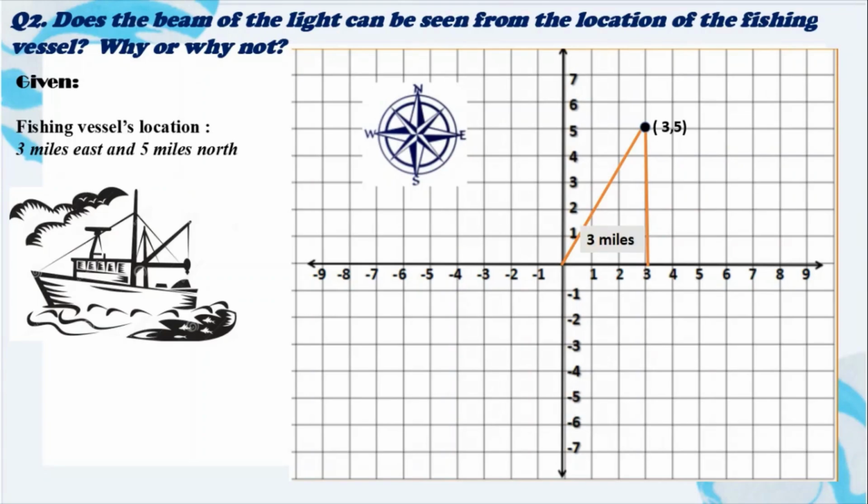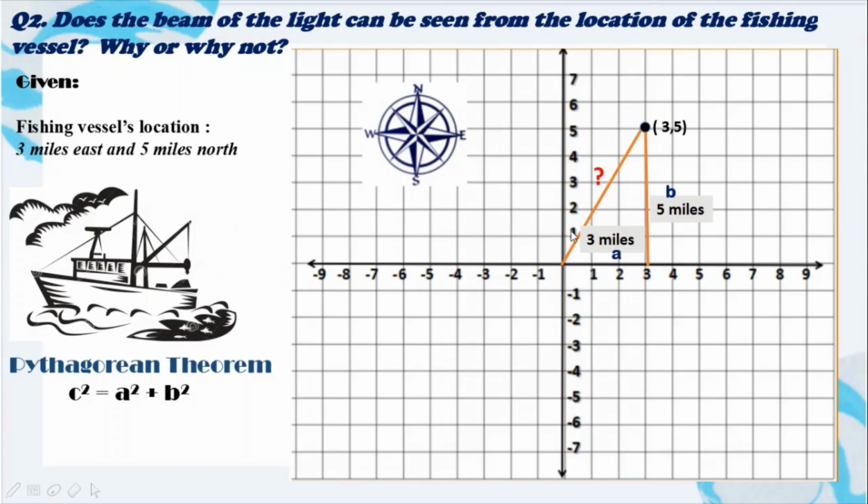Since we created a right triangle, we can solve this by simply using the Pythagorean theorem. Our a is 3 miles, our b is 5 miles, and our c is the missing one, which is the hypotenuse of our right triangle.